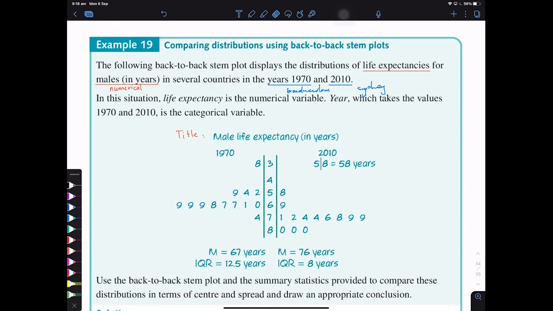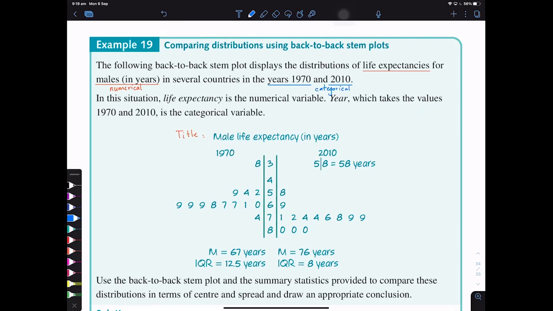And so we can categorize them as one as 1970 and one as 2010. Actually, I will be asking something like that, but it won't be as obscure as this, okay? So categorical right there. All right.